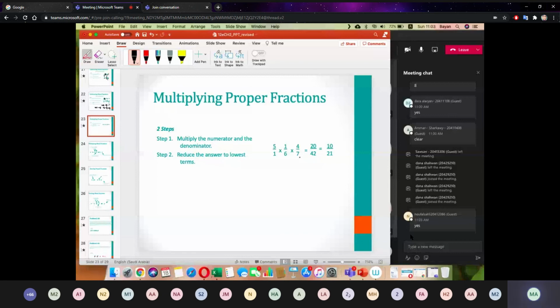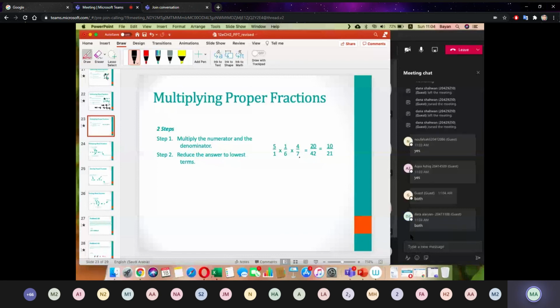Yes, we multiply them both. And when multiplying, we multiply also the denominator. So we have 5 times 1 times 4 will give you 20. Here we have 1 times 6 times 7 will give you 24.